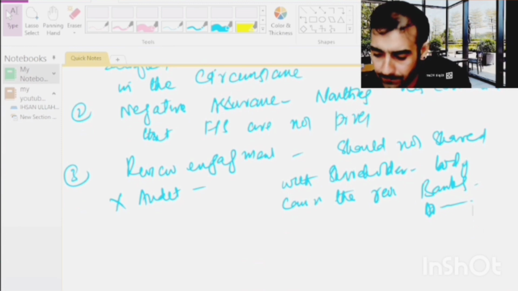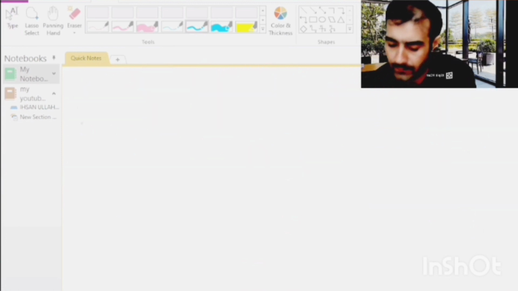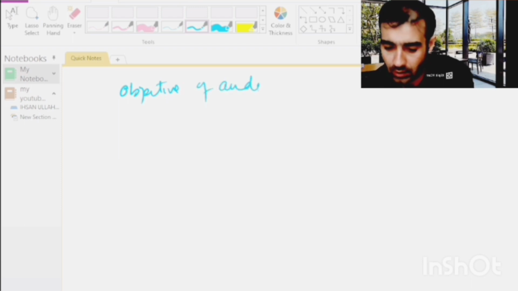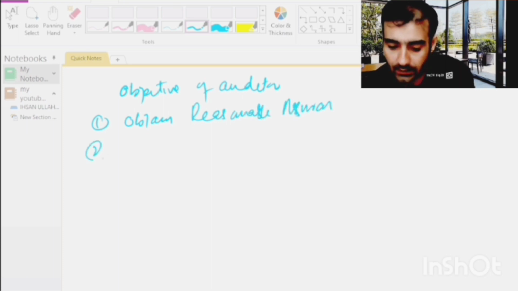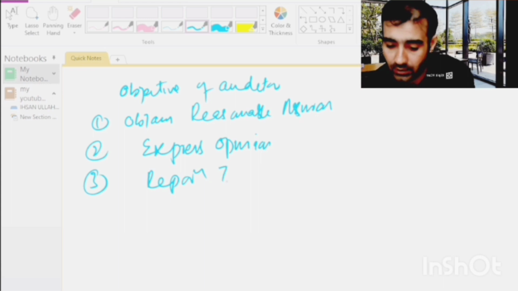And then we have also to discuss some objectives of the auditors. What is the objective of the auditors? An auditor obtains reasonable assurance. This is the objective of the auditors. The second objective is to express an opinion on the financial statement, and then report on the financial statement.